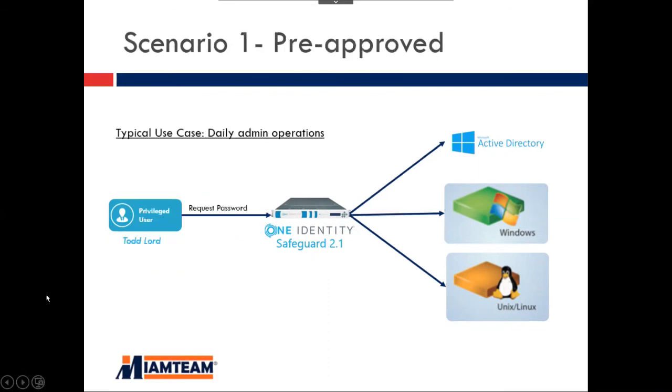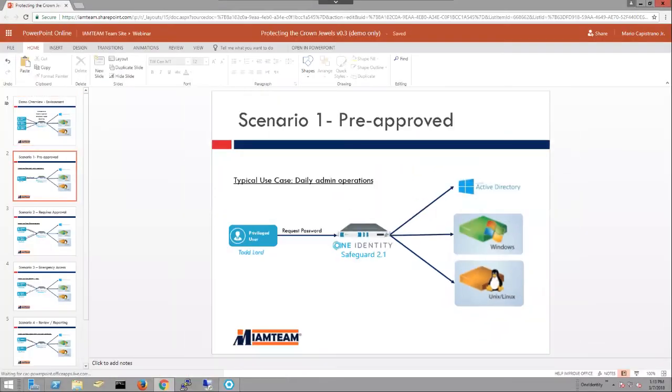So in our first scenario, a user will be requesting the password of a privileged ID, which he needs for day-to-day operations. The request here is pre-approved, so he can immediately check out the credential without any approvals. So let me show you how it works.